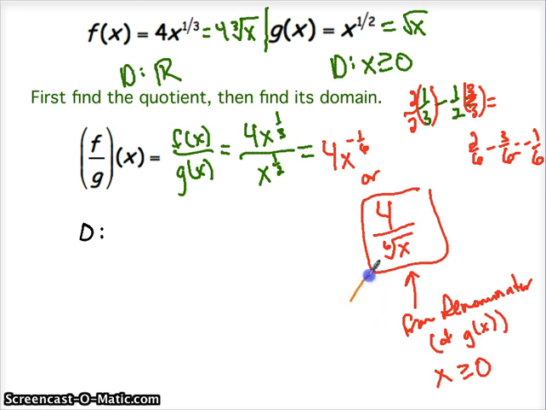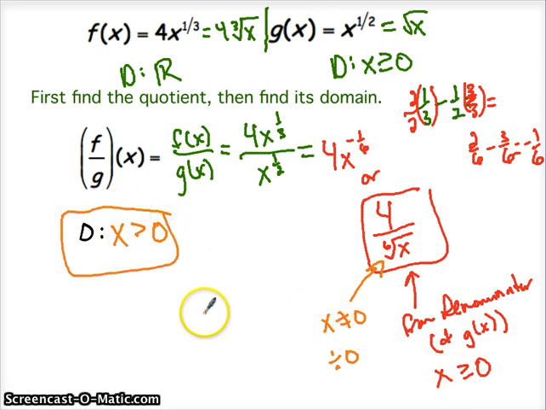However, also from the denominator, we know that x can't equal 0 or we'd be dividing by 0. Right? Thus, if x has to be greater than or equal to, but can't be equal to, our final domain then is that x just needs to be greater than 0. Combining those two ideas, that x needs to be positive or 0, but can't be 0, means that my final answer just needs to be a positive number.